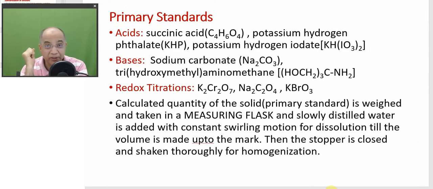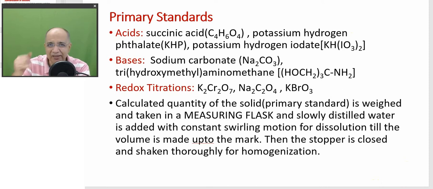Now, let me tell you some of the important primary standards for acids, bases in acid-base titration, and some oxidizing agents, reducing agents for redox titrations. For acids, the primary standards can be succinic acid and also oxalic acid to some extent. Potassium hydrogen phthalate, shortly called KHP.